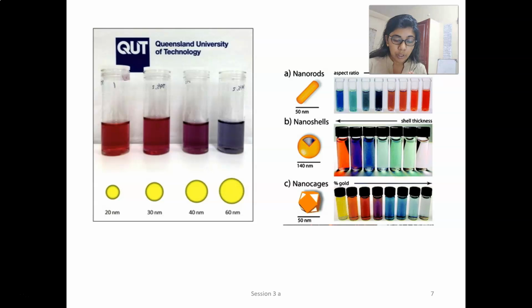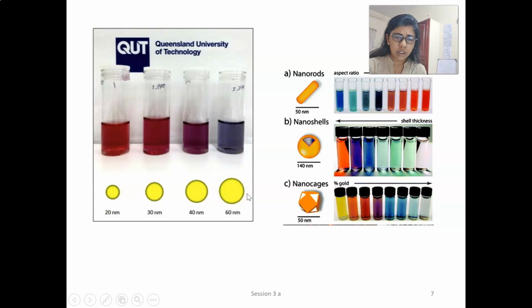If you are able to manipulate the reaction in such a way that you can create nanorods, spherical nanoparticles or nano cages, etc., you can have a wide variety of materials having different shapes. In the case of nanorods and all, the surface plasmon behavior would be very much different than that of the spherical nanoparticle.